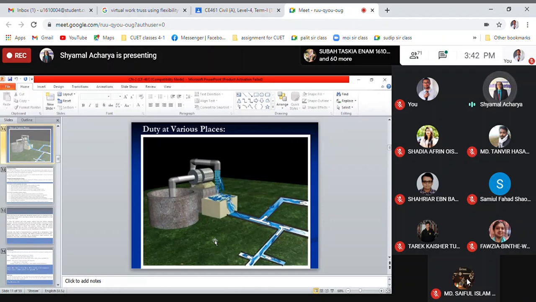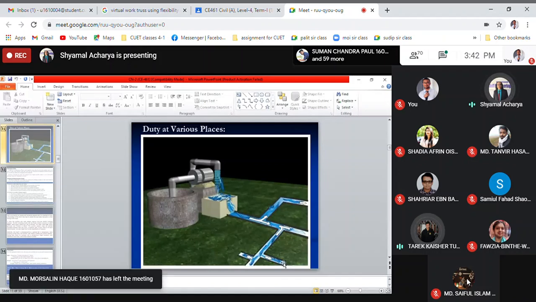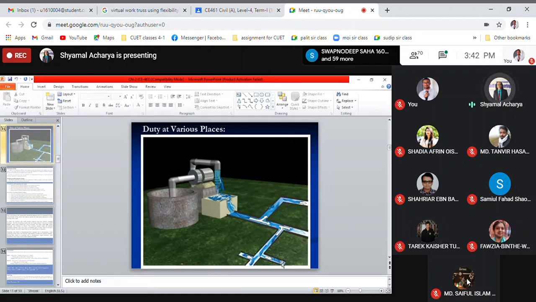So what is your prediction? Can you see this pointer? Yes, sir. So at this zone you will get maximum duty, or at this zone you will get maximum duty.